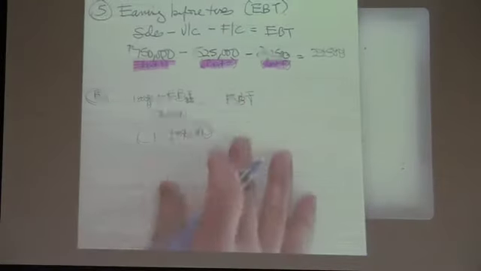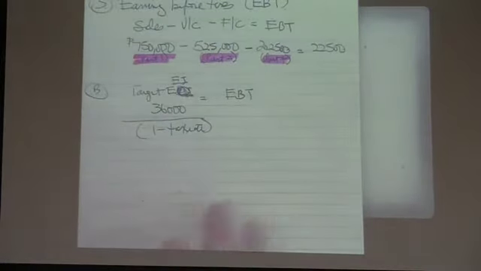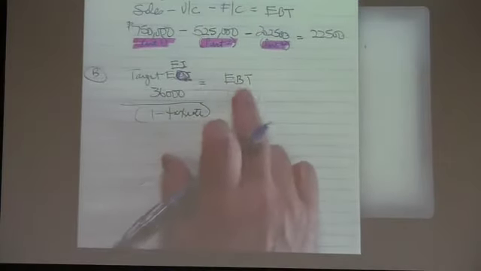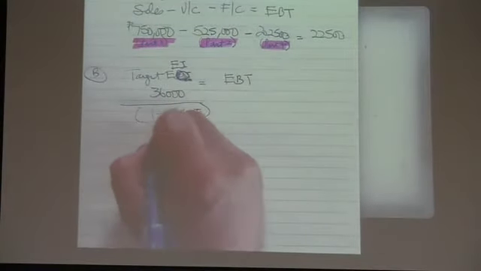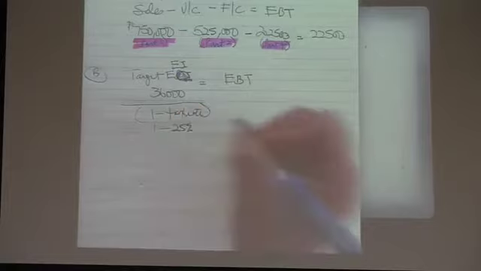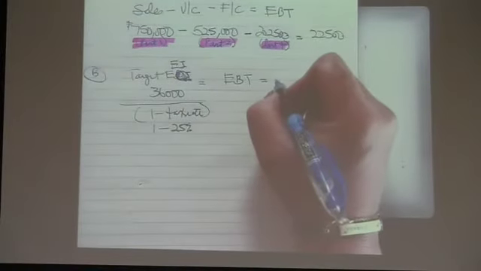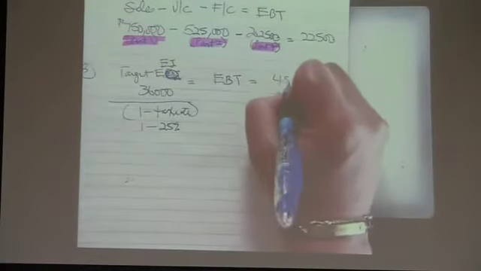So this is target income. 36 divided by 1 minus the tax rate gives us target earnings before taxes. In this case, it's 1 minus 25%. So earnings before tax gives us $48,000.